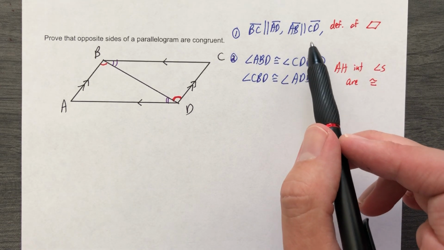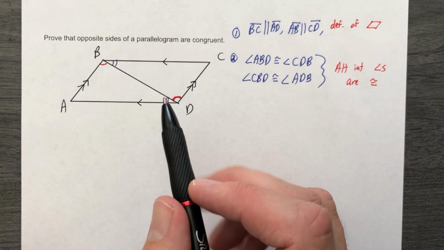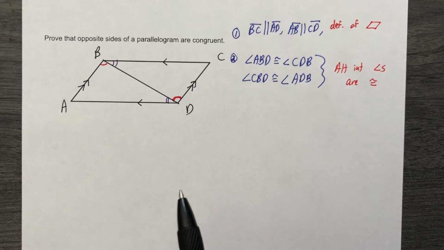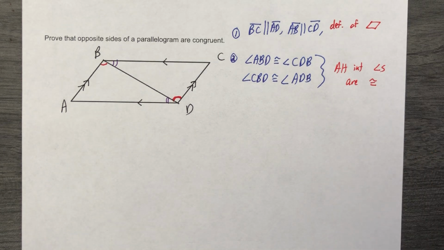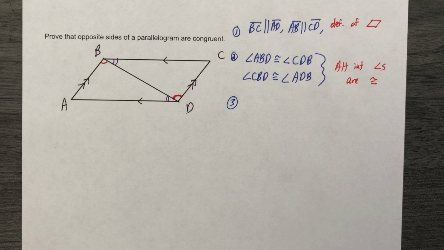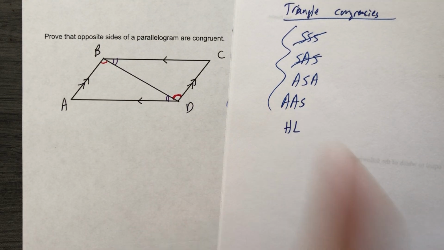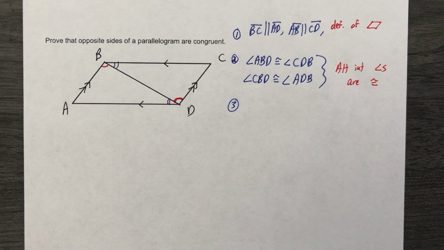We know that because that's what a parallelogram is. Now that we have a parallelogram, we know these opposite sides are parallel, and therefore we can start talking about alternate interior angles. Now, this next step is going to look a little redundant, but I'm going to write it anyway. Let's think back: angle, side, angle. Sound familiar? Angle, angle, side. You can do it if you want to. I choose not to. I'm going to go with angle, side, angle.